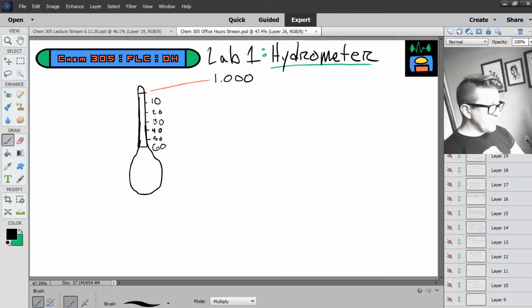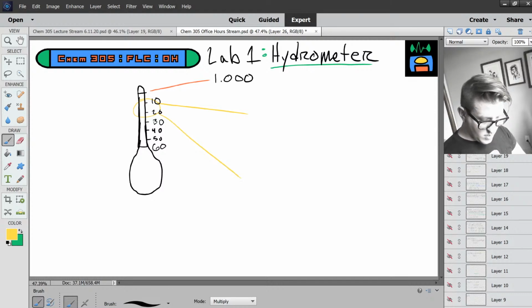All right, here's how you read it. And then in between here, so like if you were to blow up right here and here, it'd be 20.